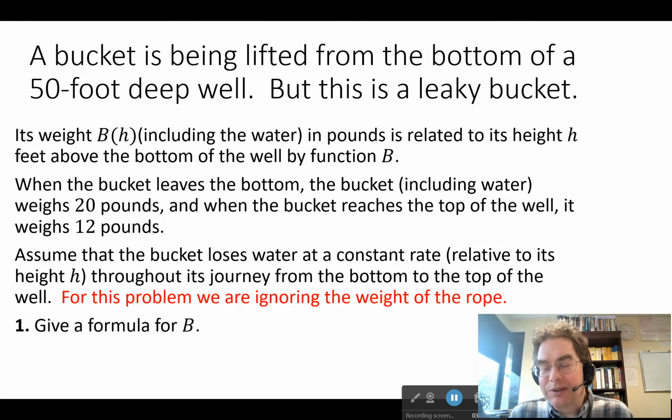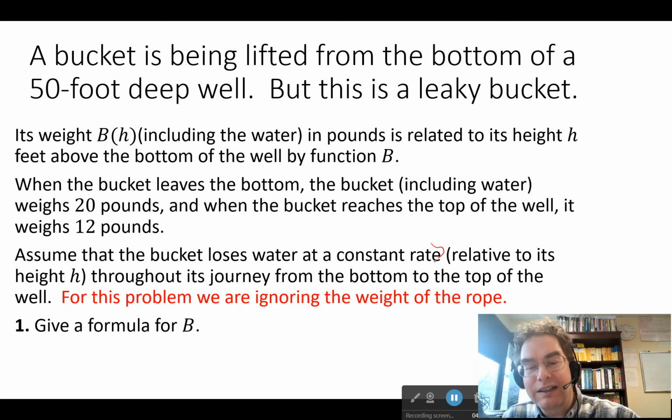The first thing we would like to do to analyze this problem and to compute the work, which is what we're trying to do here, of course, didn't come right out and say that perhaps, but we want to compute the work in raising this bucket. And the first step in that is going to be to give a formula for this function b. Now you might wonder how we can do that with the limited information we have.